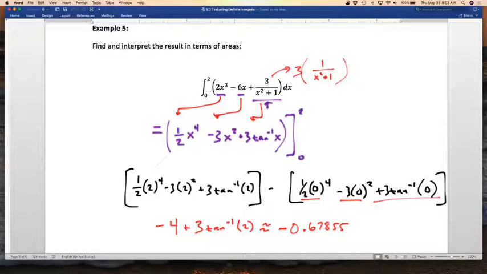Now, it does say to interpret the result in terms of areas. So what does it tell us that the sum there is negative? Remember, this is an integral from 0 to 2. So we're talking about the area under the curve, or the area between the curve and the x-axis. What does it mean that our total is negative?